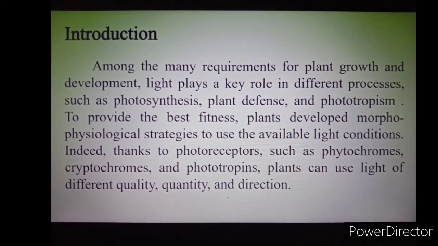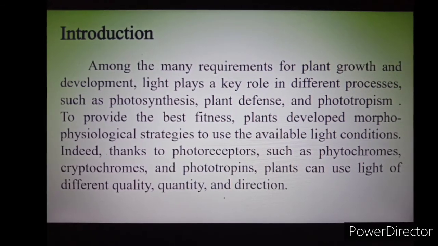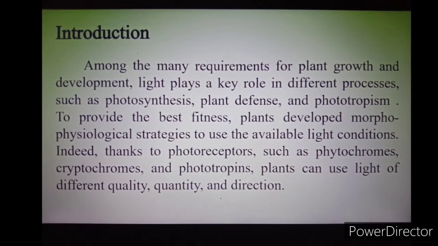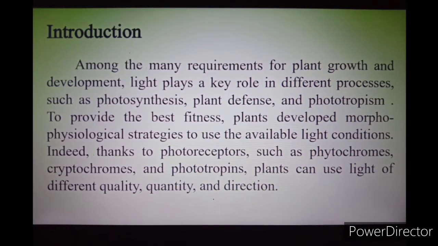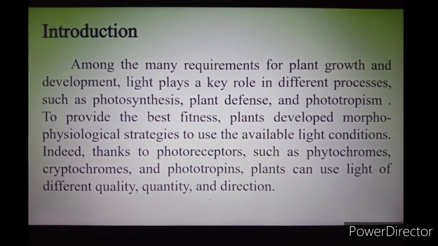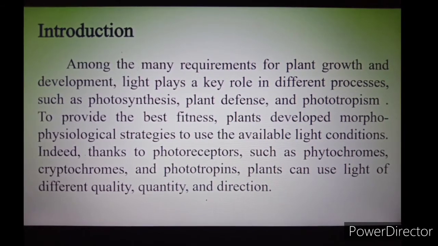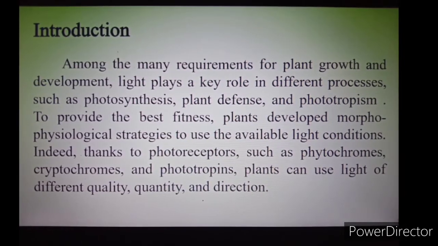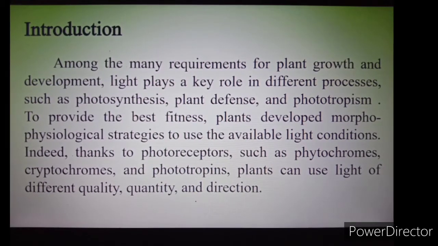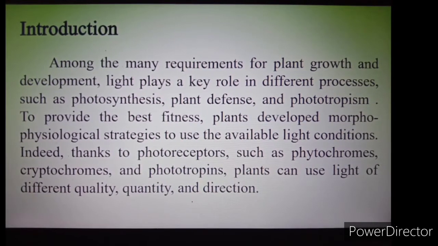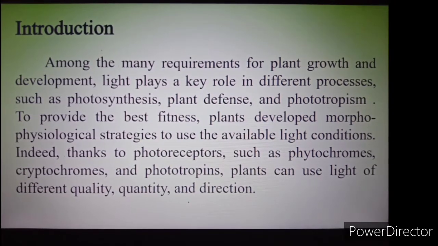To provide the best fitness, plants developed morphophysiological strategies to use the available light conditions. Indeed, thanks to photoreceptors such as phytochromes, cryptochromes, and phototropins, plants can use light of different quality, quantity, and direction.